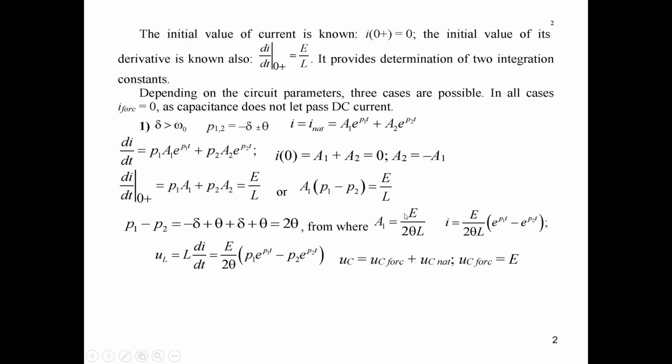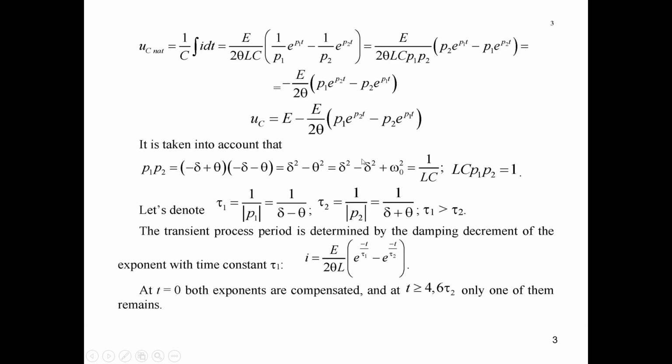And by this we determine, for the case delta greater than omega 0, the equations for current, the current through inductance and through all elements, and the voltage drop across inductance.